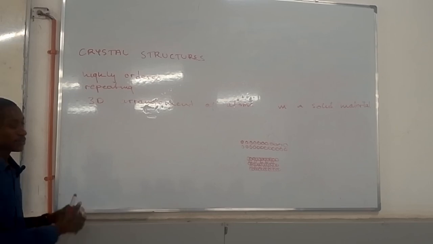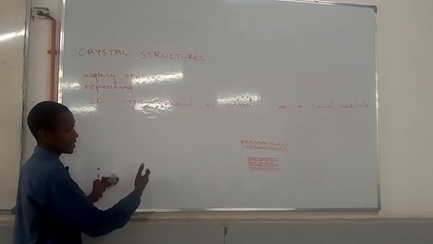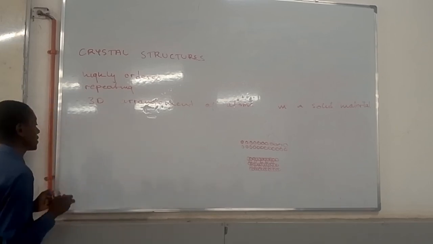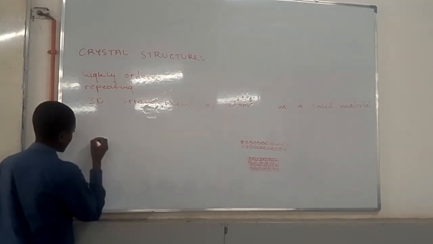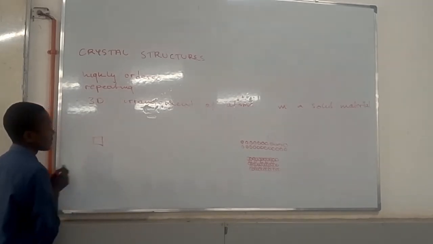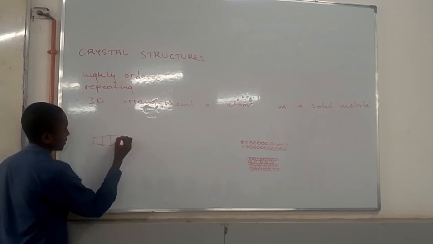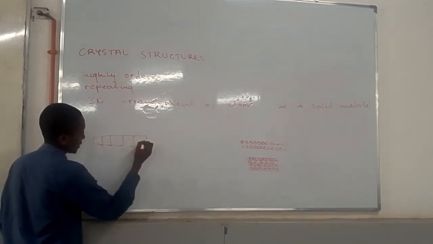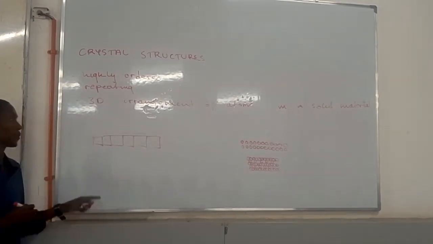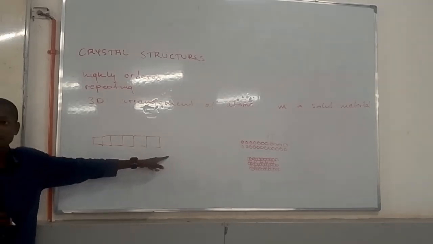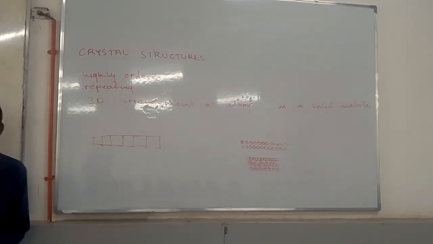Okay, so we call them unit cells. When you get one unit cell, so assuming that this was a unit cell, right? You get one unit cell, you get another unit cell, another unit cell, another unit cell, another unit cell. You are forming what you are calling what? A crystal structure. Have I lost anyone?